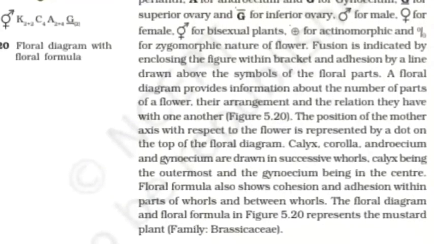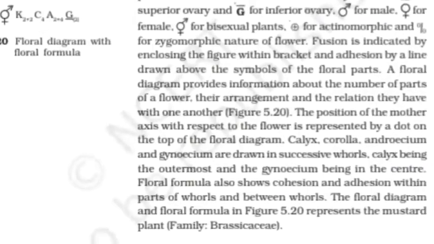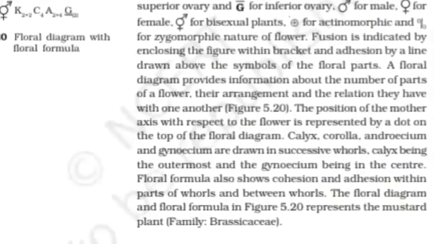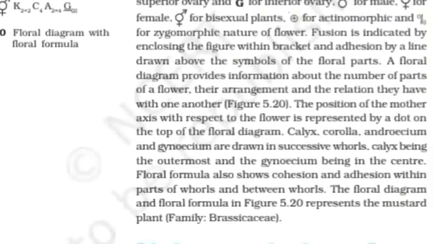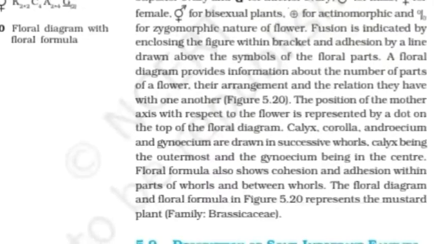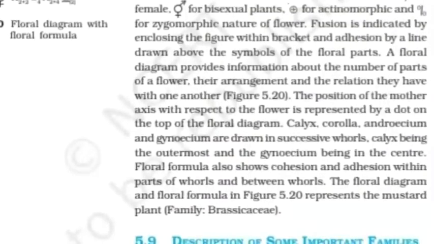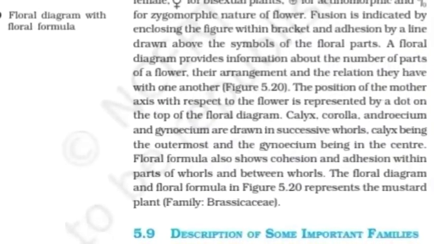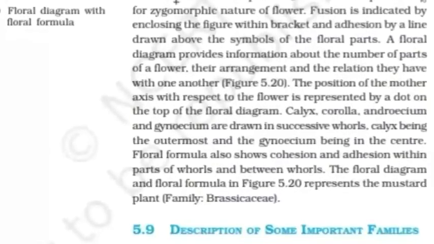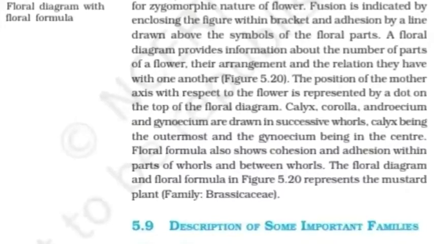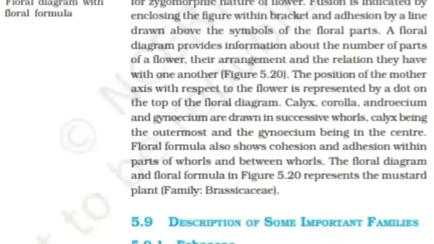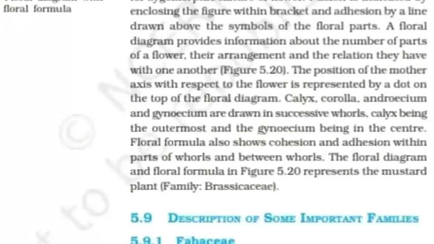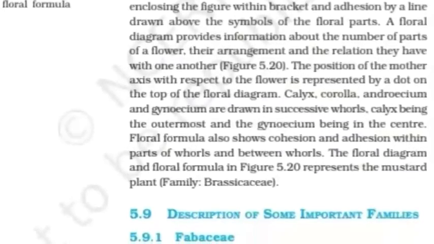Fusion is indicated by enclosing the figure within brackets and adhesion by a line drawn above the symbol for the floral parts. A floral diagram provides information about the number of parts of flowers, their arrangement and the relation they have with one another.